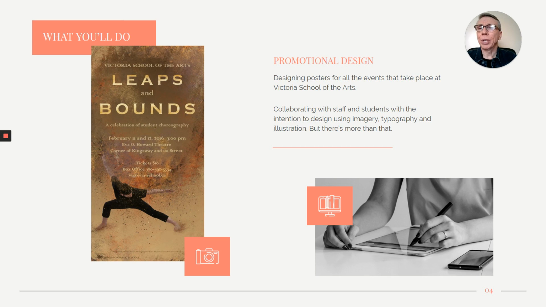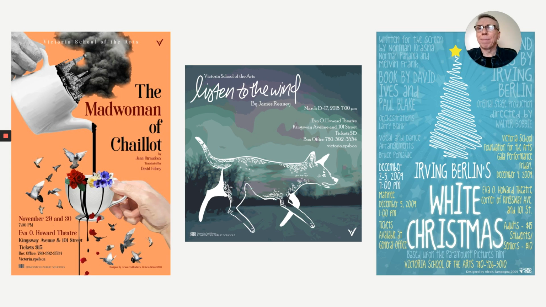Directors, people in charge of productions will come to your class, discuss how they see a poster designed for their particular production. They'll explain their production. They might give you some ideas, and then you're left to your own devices to figure out how to solve that problem. But along the way, you're going to learn a lot more about design, and you're going to be collaborating with other students.